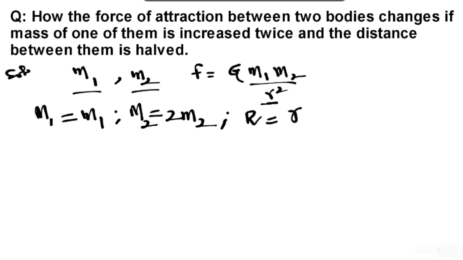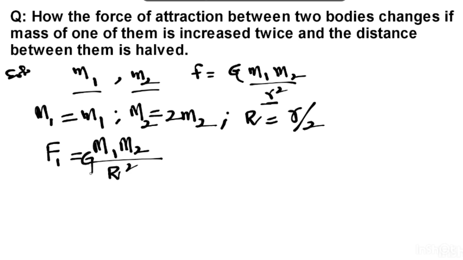So the initial distance is r, so made half means it is r by 2. Now let the force of attraction in the second case be F1, which is G capital M1 capital M2 by capital R square.